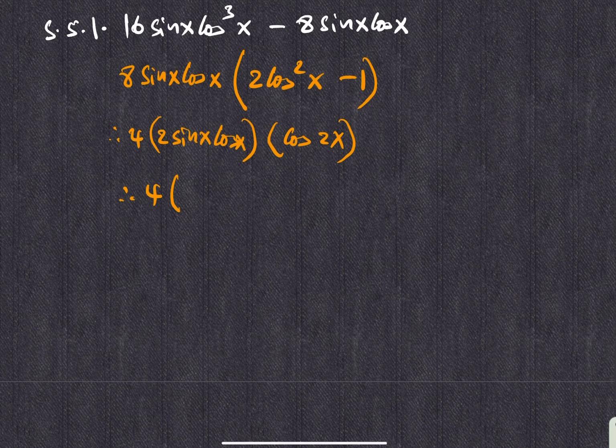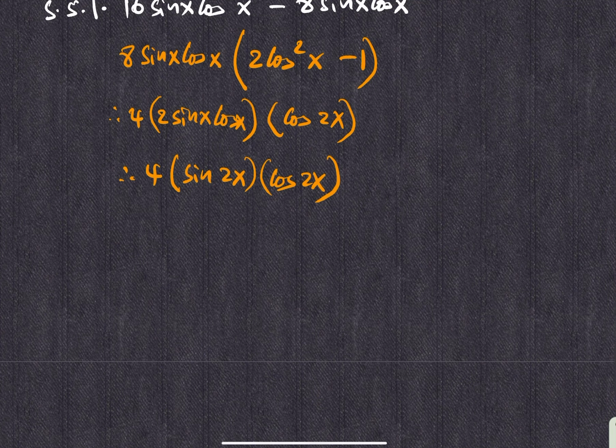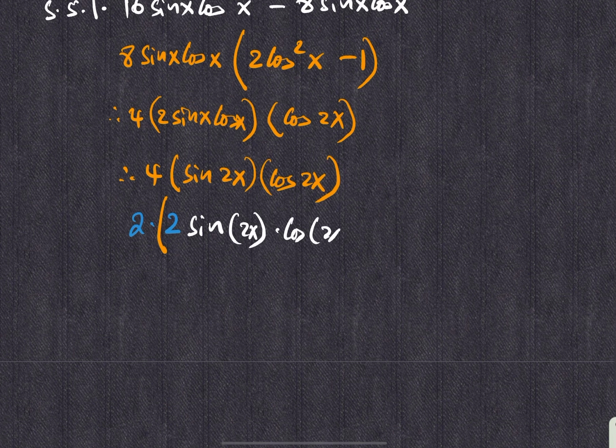That should really be sine of 2x times cos of 2x. We want to express it as a single trig ratio. So what is 4? 4 is primarily like 2 times 2, eh? And then multiply by sine of 2x multiplied by a cos of 2x.